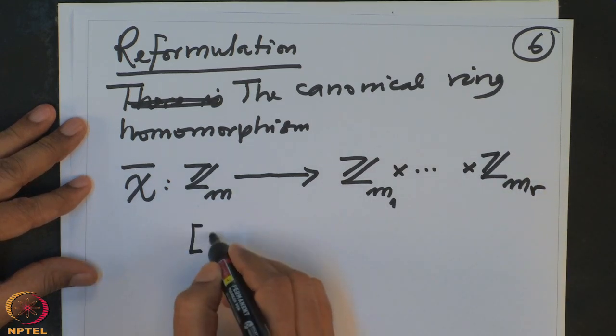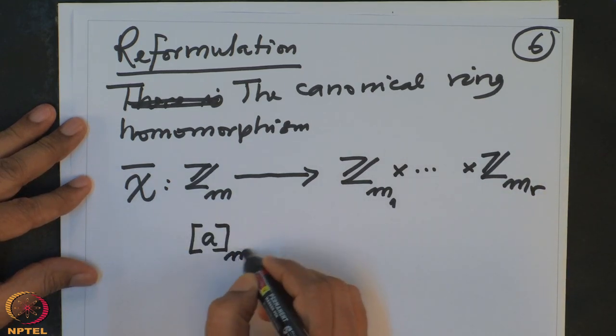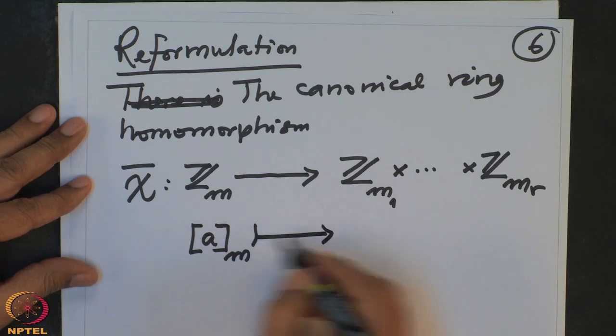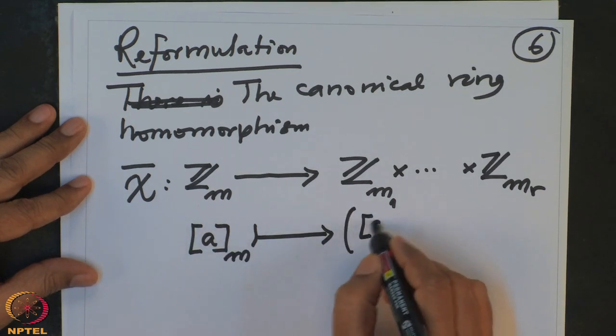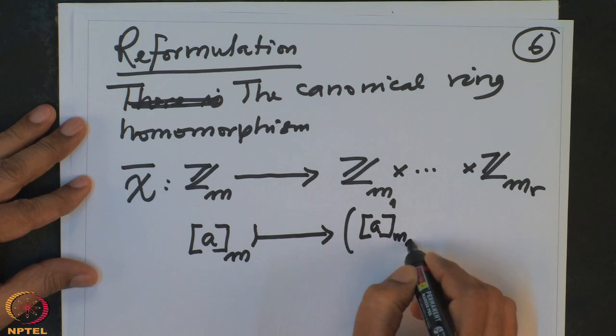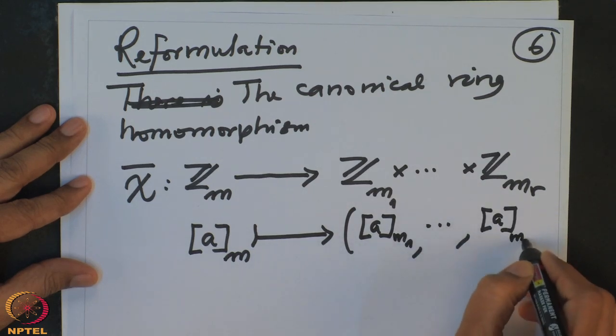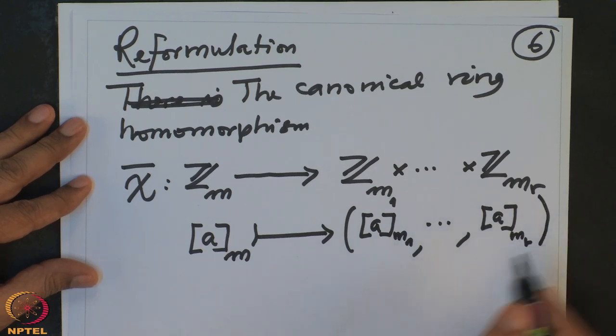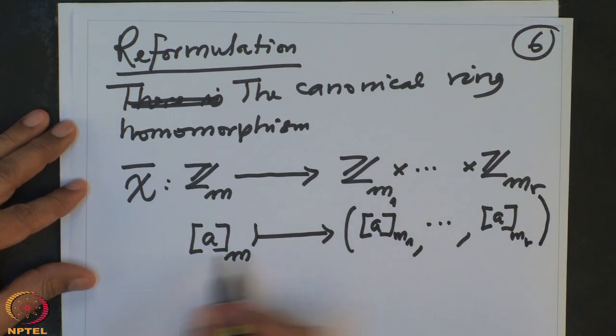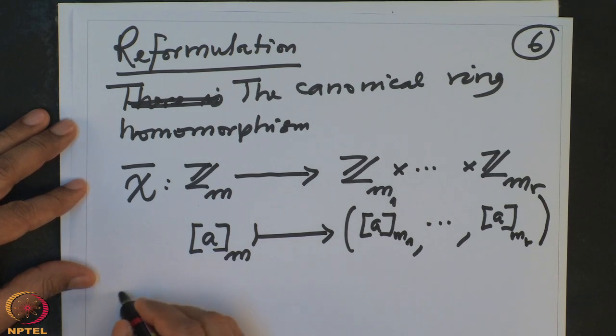So any residue here A suffix M, this maps to take that A and take the residues mod M1 etc. mod MR. This is a canonical map, you are just taking the residues. This is an isomorphism of ring.